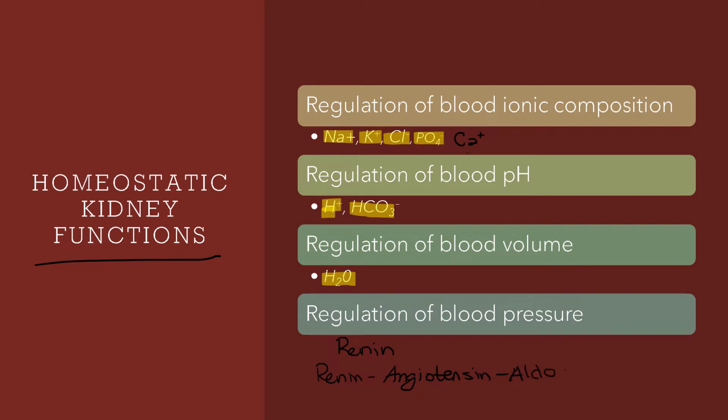This is a pathway that we will go over later, but just know that this is a very important homeostatic kidney function, as increased renin causes an increase in blood pressure. So we could say increased renin is going to result in increased blood pressure, and we'll go over all the specifics of that later in this chapter as well.